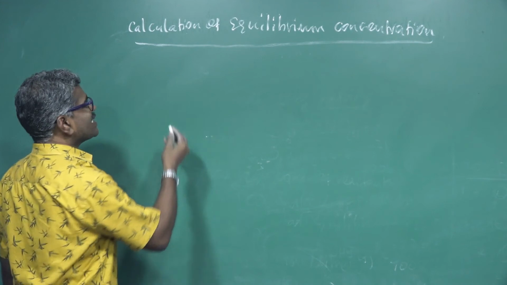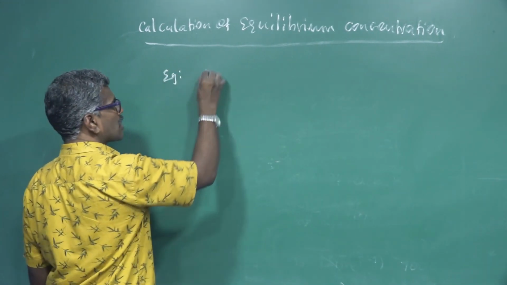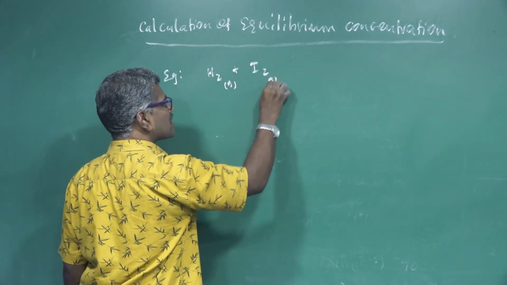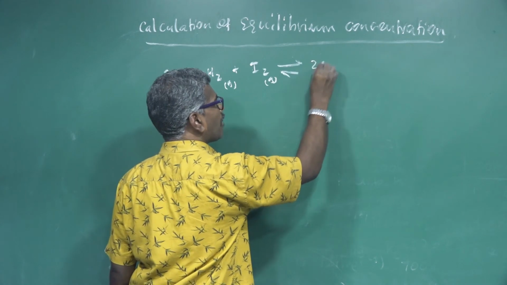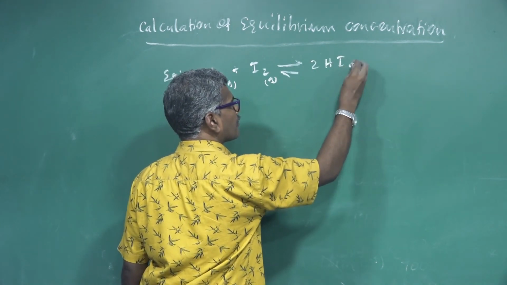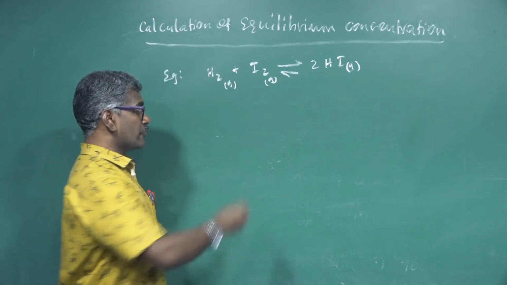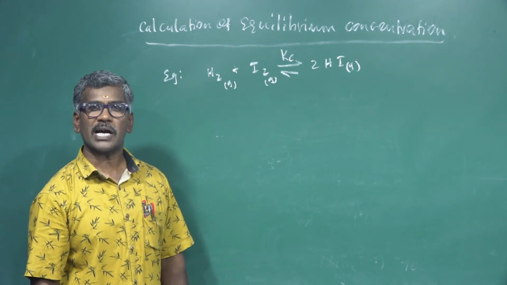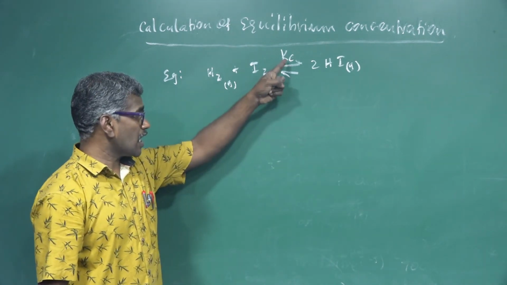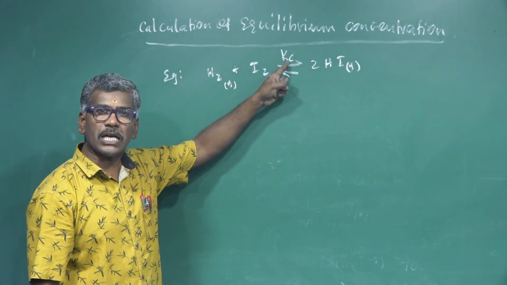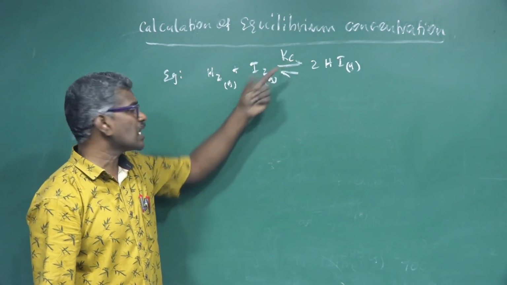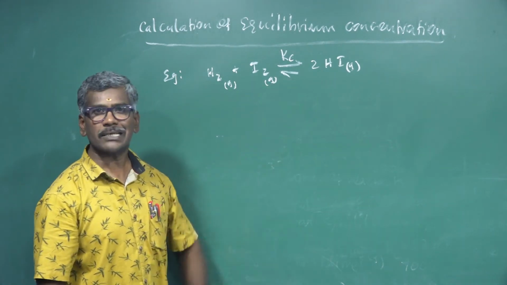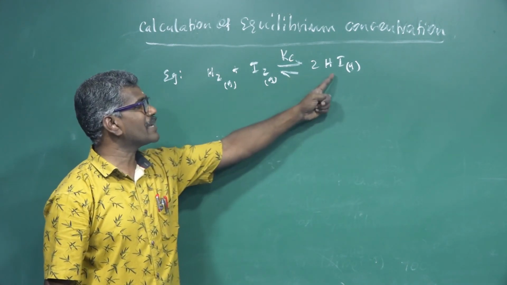For example, take a general chemical equilibrium reaction like hydrogen reacting with iodine in the gaseous state, existing at equilibrium to form HI. Kc is the equilibrium constant in terms of molar concentration of reactant and product. Knowing the value of Kc, we can calculate the equilibrium concentration of the reactant and the product.